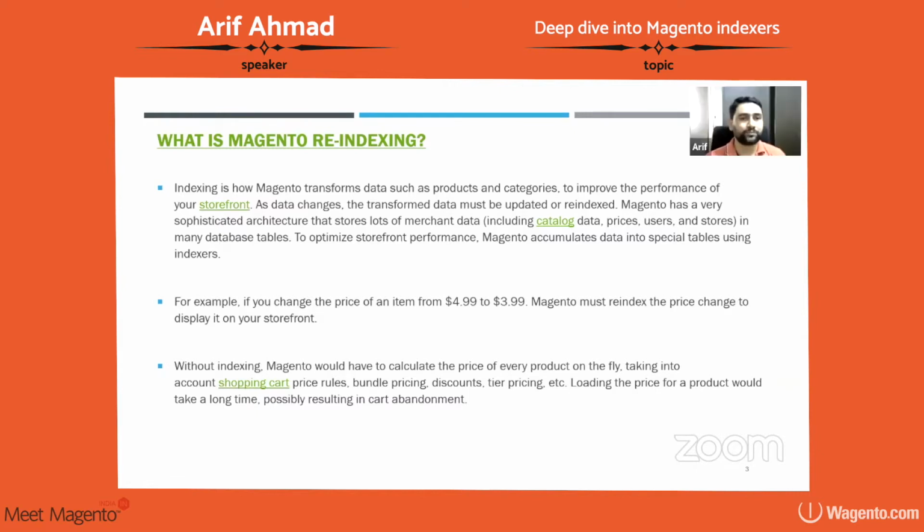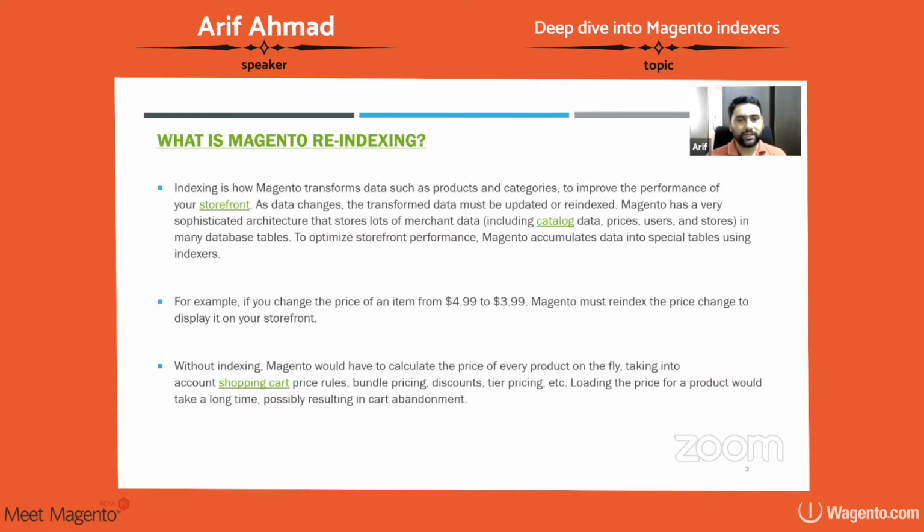Yeah, sure. Thank you. So this is the normal definition of what is Magento reindexing. It's how Magento transforms data such as products and categories to improve the performance of the storefront. And as the data is changed, it has to be updated and reindexed. Because there are so many different tables Magento uses to provide flexibility and a lot of different features, for example EAV indexers.